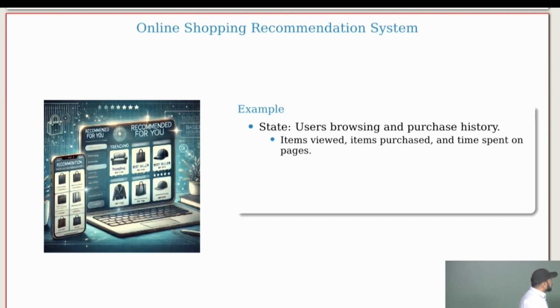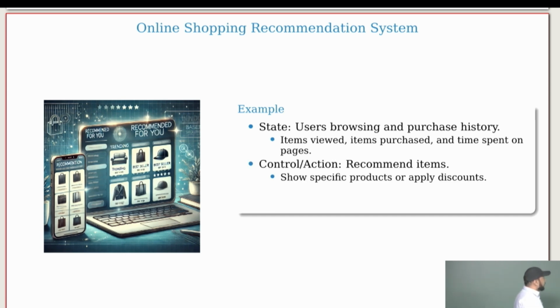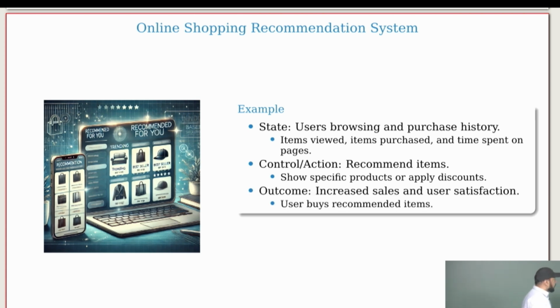We can apply sequential decision making in a recommendation system as well. In this case, the state is the user's browsing and purchase history, which could be encoded as the items the user has viewed, items purchased, and time spent on pages. The control is to recommend, showing specific products or applying discounts. The outcome could be increased sales and user satisfaction.